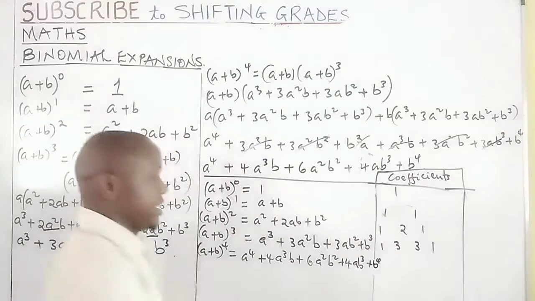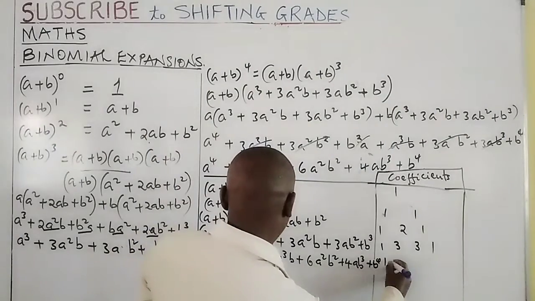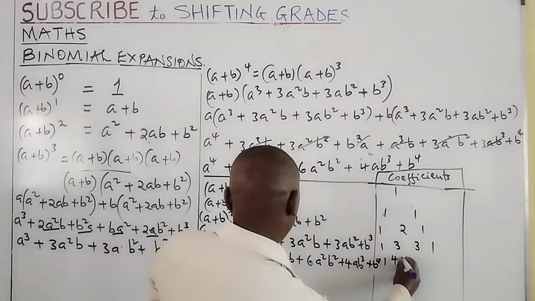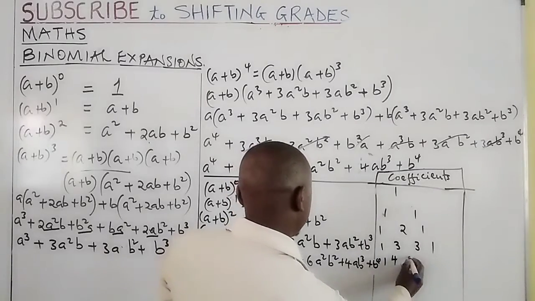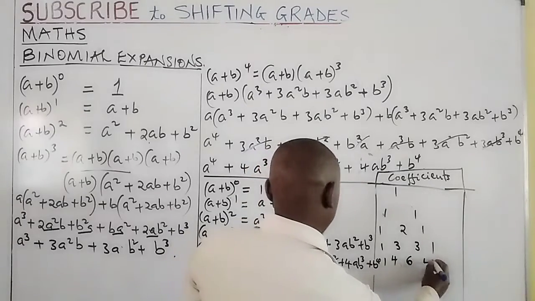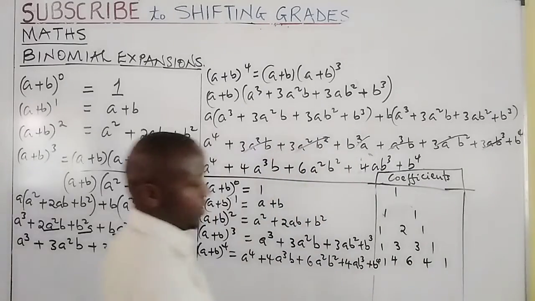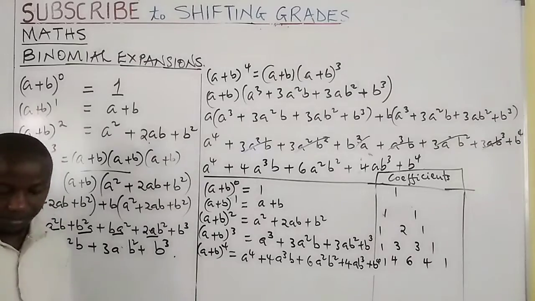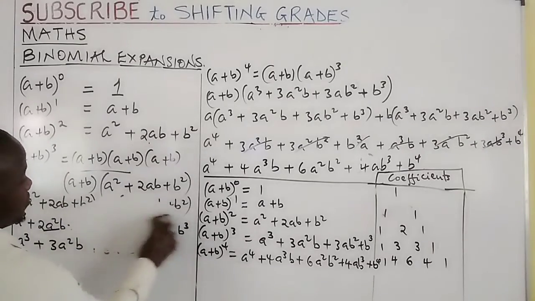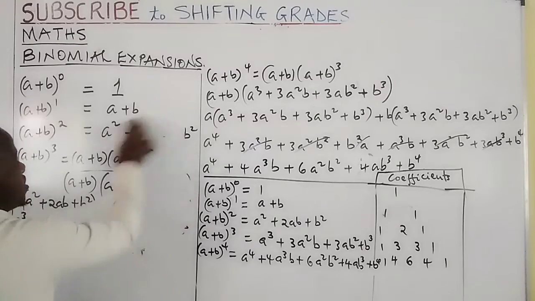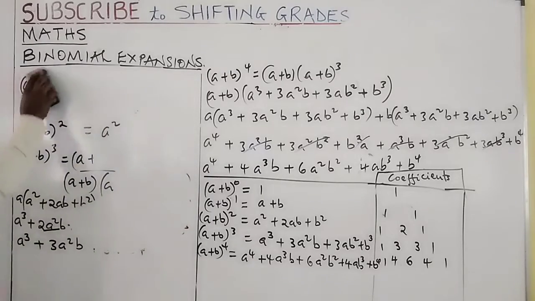So the coefficients in this case are 1, 4, 6, 4, 1. Therefore, we can draw a few conclusions here according to how the expansions are giving us some results.